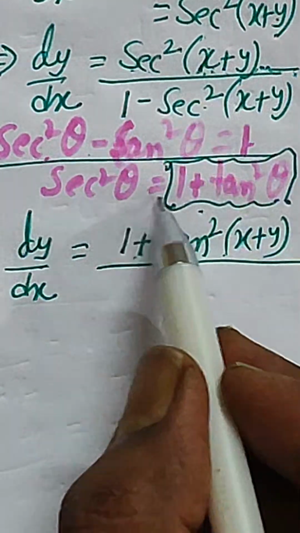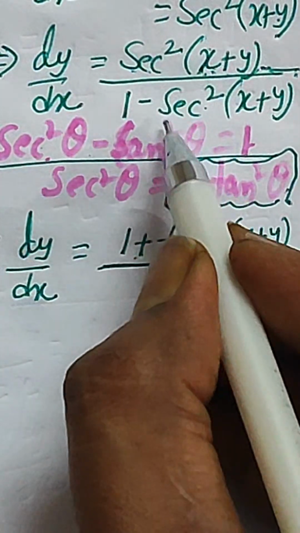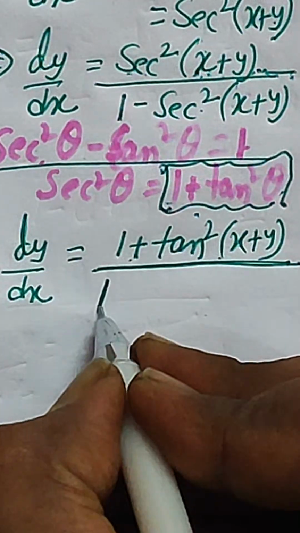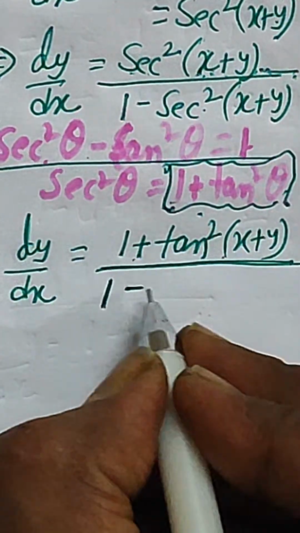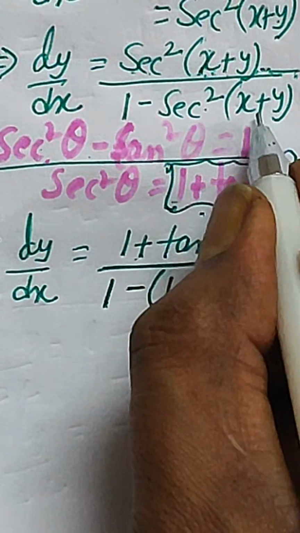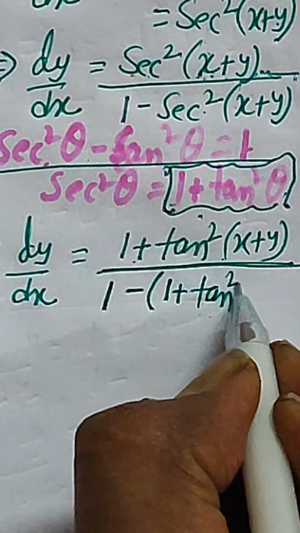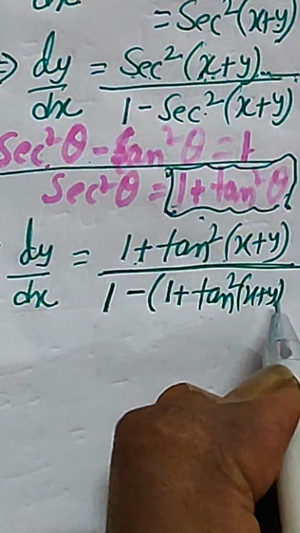Sec square theta can be written as 1 plus tan square theta, and we wrote it like that. And into the denominator we have 1 minus sec square x plus y. So just write it the same way. 1 minus, instead of this sec square x plus y, write 1 plus tan square x plus y.